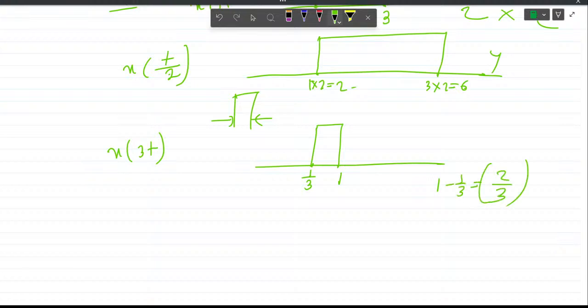You can see it is linearly compressed by a factor of 3, that is, we divided the duration by 3. Now it is 1/3 of the original width. The original width is 2, now it is 2 by 3. Hope it is clear.